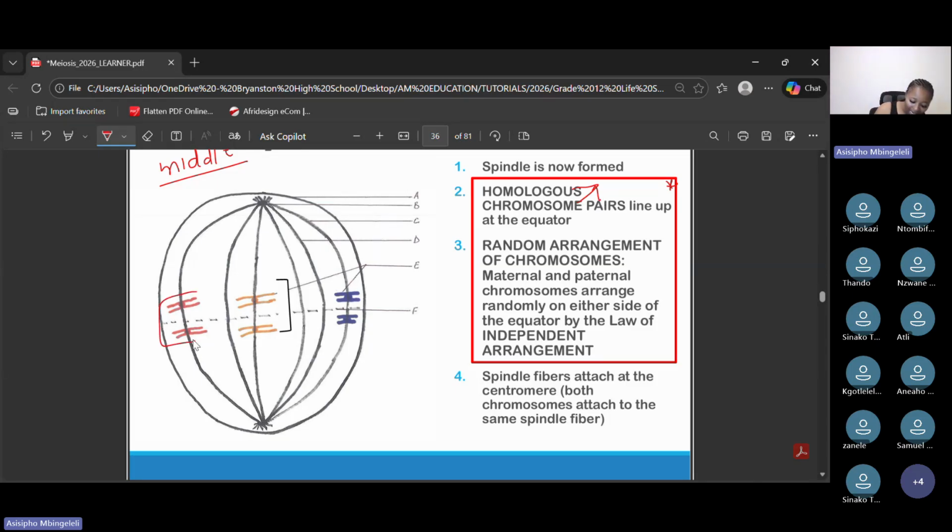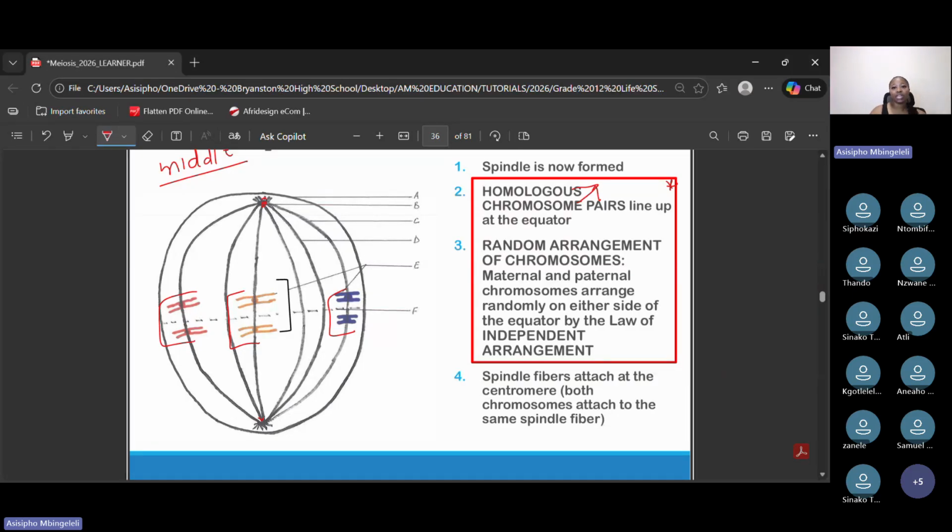This is another pair, and this is another pair. So it's 2 chromosomes attached to the same spindle fibers. Where are these spindle fibers now? You are having these spindle fibers fully formed, and the centrioles have reached the opposite poles. That's what you have. So that is super, super, super important.